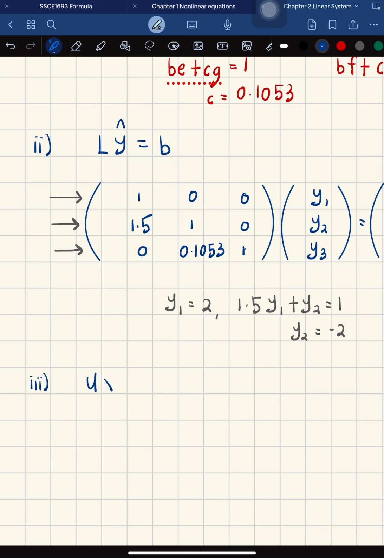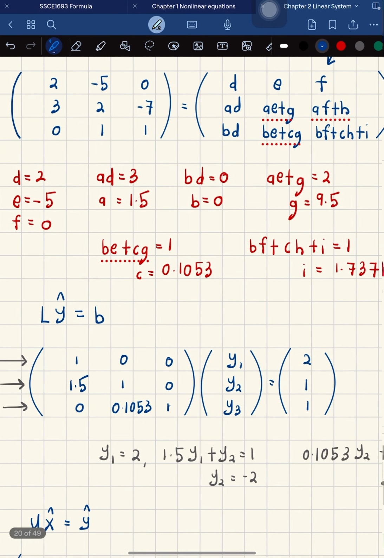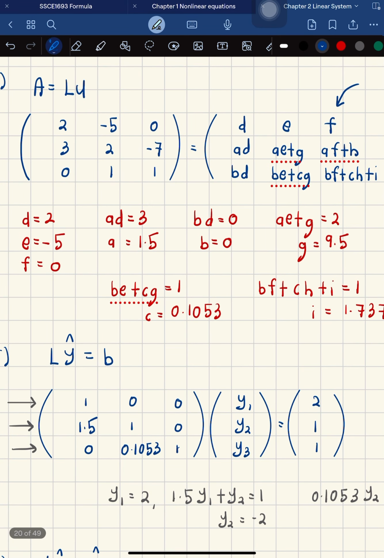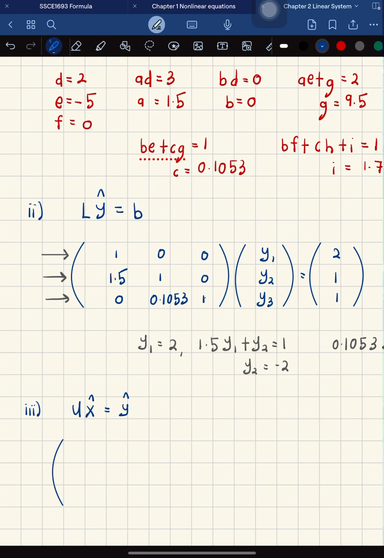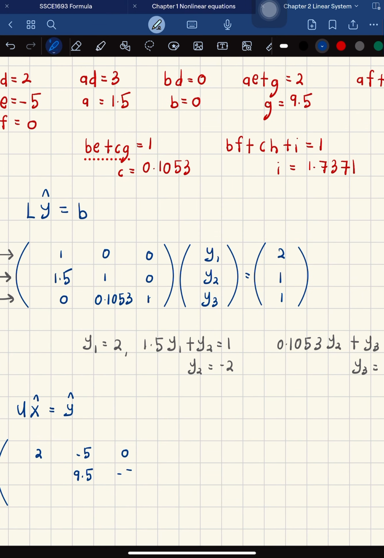Okay, and then the next step is U, the upper matrix, times X equal to Y. So the upper matrix U, we have D, E, F, G, H, and also I. Here there is 0.